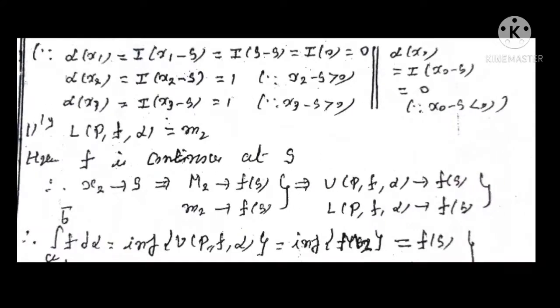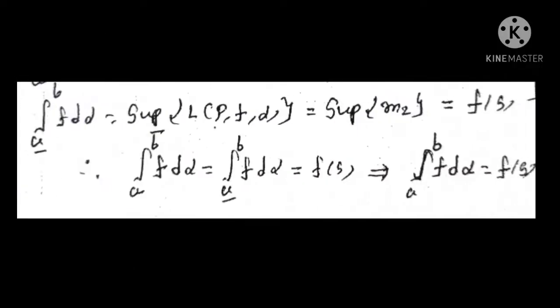Therefore, upper integral is equal to lower integral is equal to f of s, implies RS integral of f with respect to alpha on closed interval [a, b] is equal to f of s.